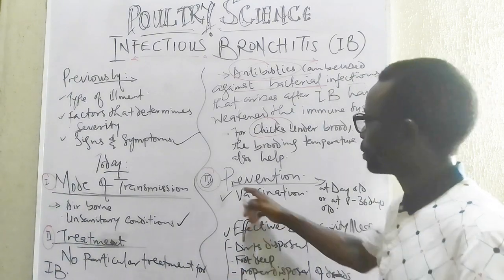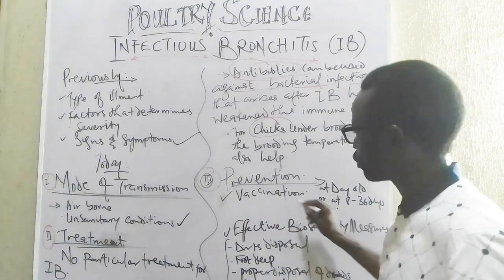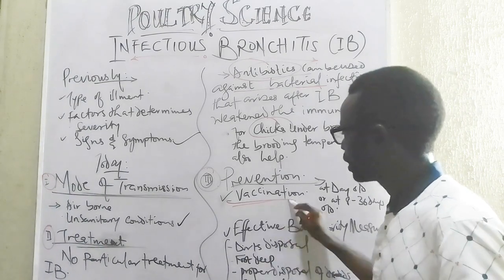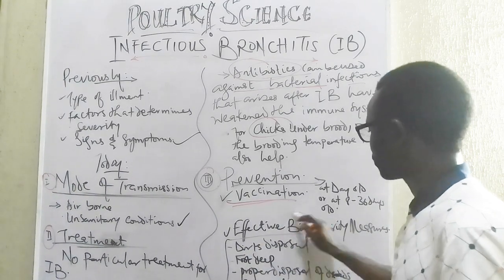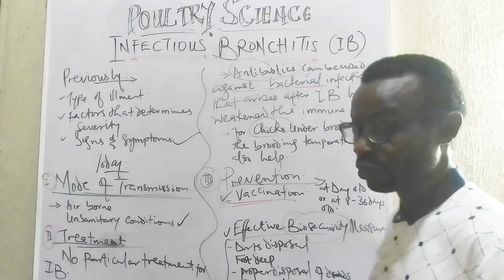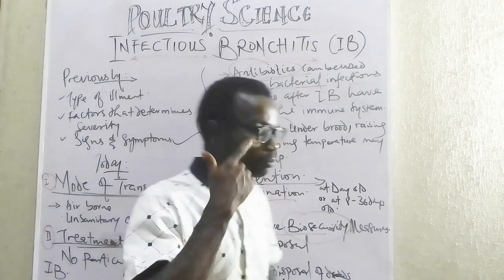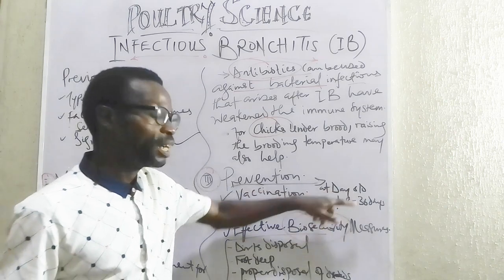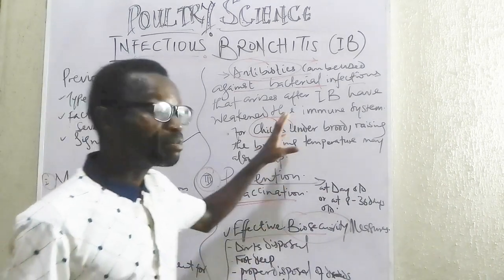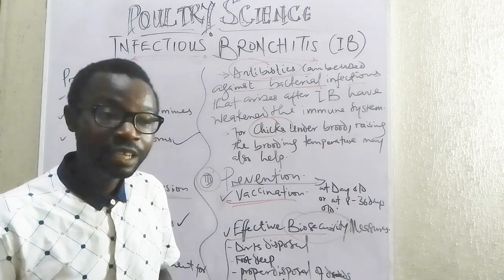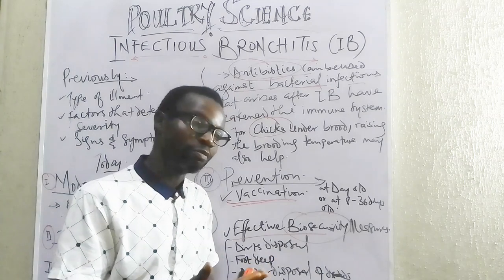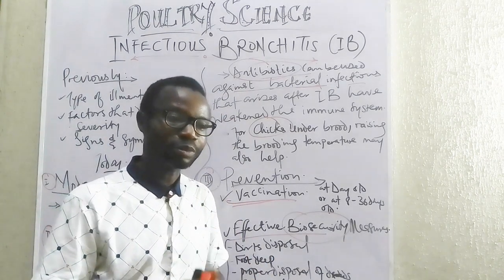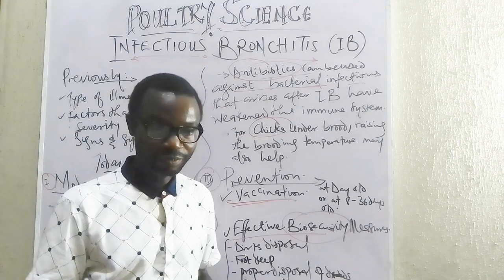Now, how do we prevent it quickly? We talked about the two effective ways, vaccination and, as a matter of fact, biosecurity measures. Now let's talk about vaccination. The birds are vaccinated day old, and more often than not, IB, infectious bronchitis vaccines are most times administered together with Newcastle disease vaccines.